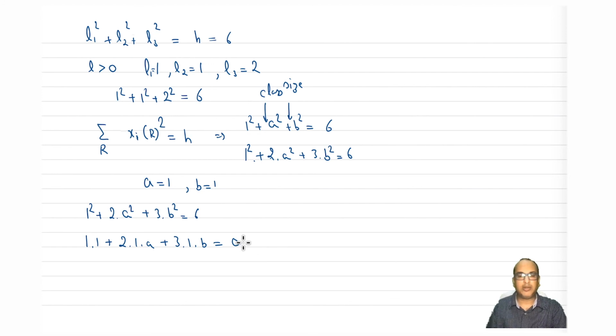Now this is the orthogonal condition, right? So what is the solution for this? If I do this, I get 1 plus 2a plus 3b equal to 0.